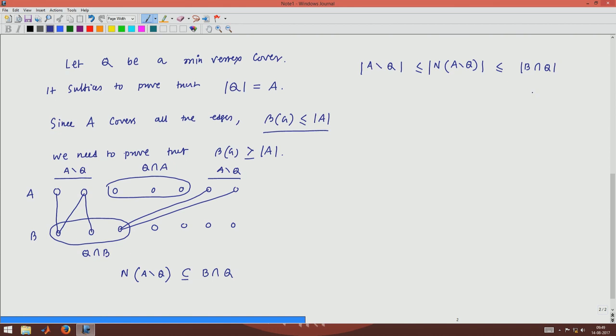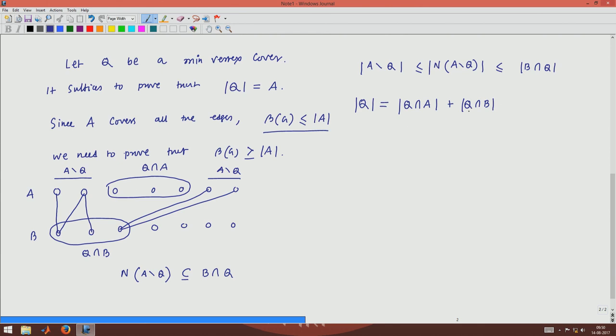Okay. So, now what we can write is that the cardinality of Q is the cardinality of Q intersection A plus the cardinality of Q intersection B, because the vertex cover has some vertex in part A and some vertex in part B. This is quite obvious.